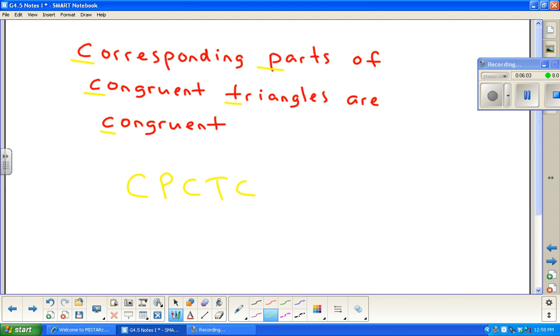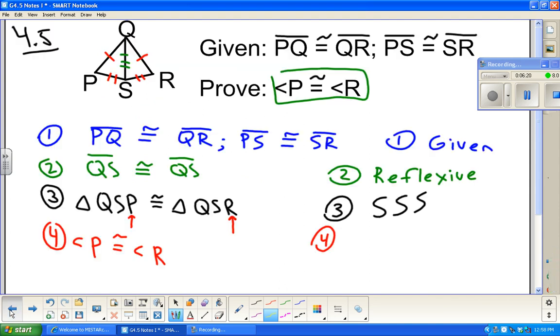CPCTC. That's going to be our reason anytime we want to finish a proof like that. So that's our final reason, CPCTC. Corresponding parts of congruent triangles are congruent.